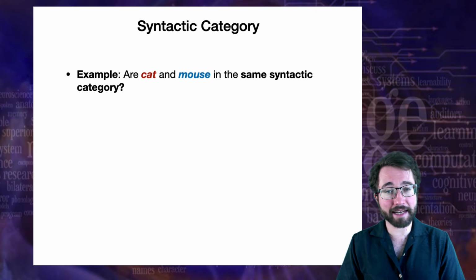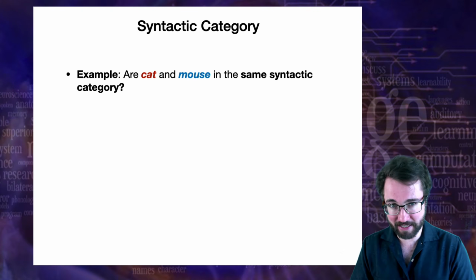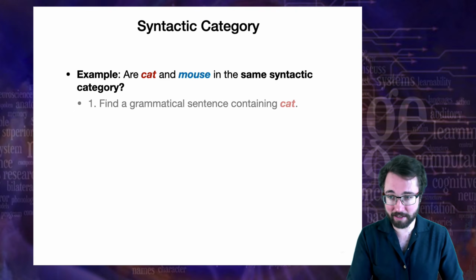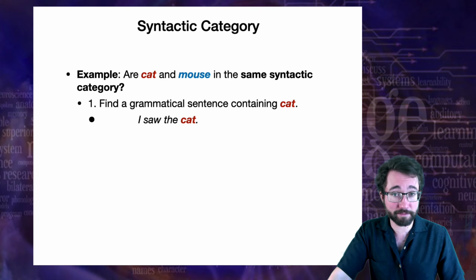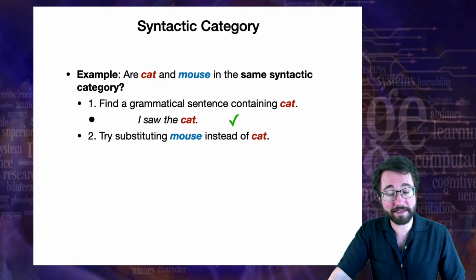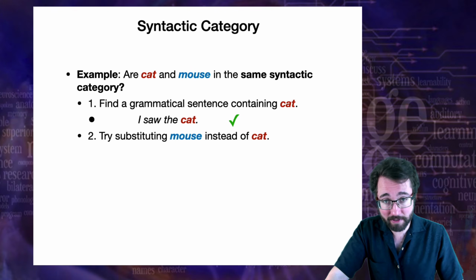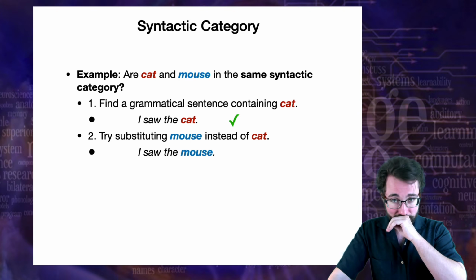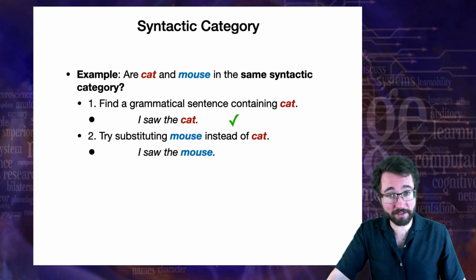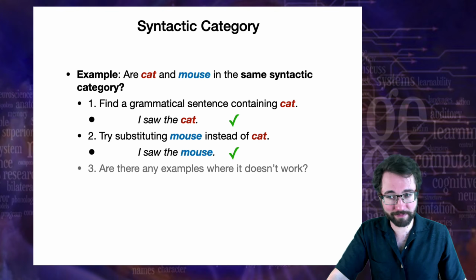Now, how about this one? Cat and mouse. Are cat and mouse in the same syntactic category? Let's take a look. Find a grammatical sentence containing the word cat, like I saw the cat. See if you can substitute mouse, and you ask, is the resulting sentence grammatical? So I saw the mouse, no problem. It's grammatical.